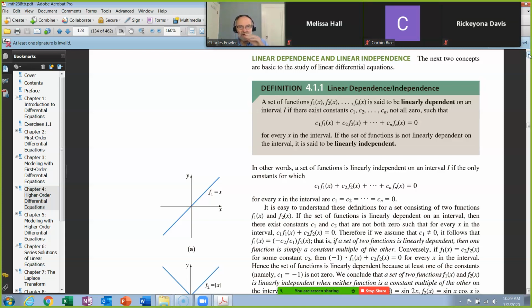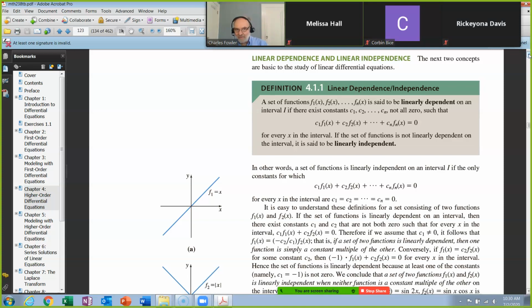That set of functions is said to be linearly dependent on some interval I if there exist some constants, c1, c2, c3, c4, all the way up to c sub n, one for each of those functions, not all being 0.